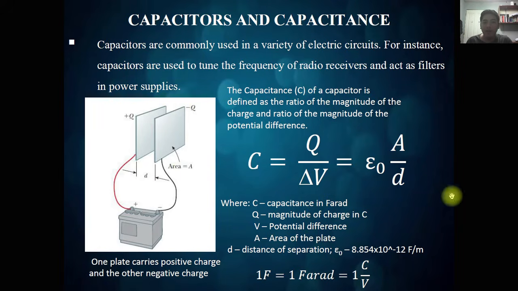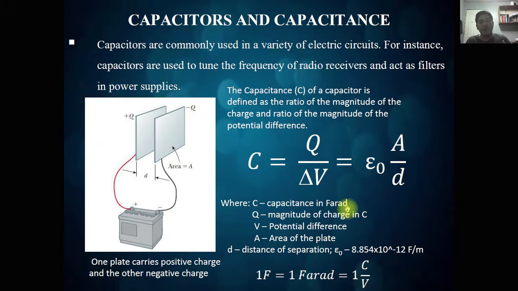Another formula is C equals epsilon sub 0, the permittivity of free space, multiplied by the area of one plate, over the distance between them. So this is the formula for capacitance, where C is capacitance in farads.